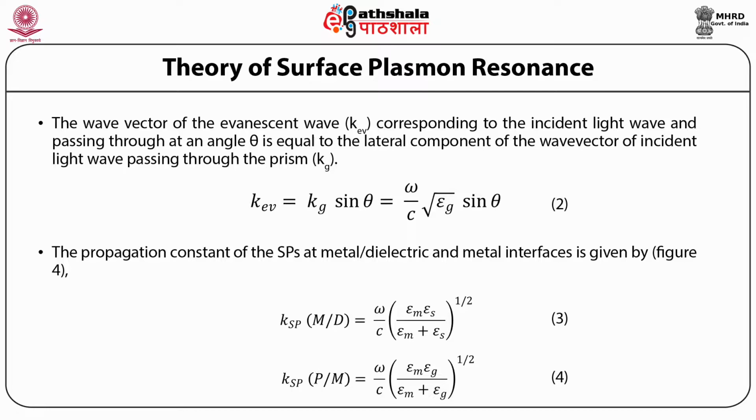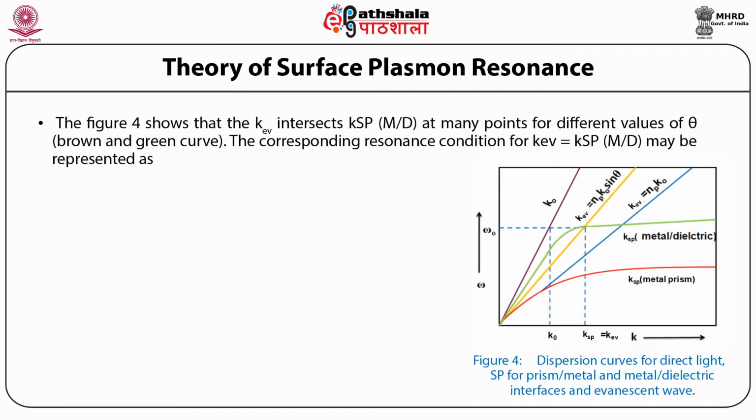Surface plasmon wave is excited only when Kev equals KSP at the same frequency. This figure shows that the Kev intersects with KSP metal-dielectric at many points for different values of theta, the brown and green curves. The corresponding resonance condition for Kev equal to KSP metal-dielectric may be represented as omega by c root of epsilon g sin theta resonance equal to omega by c root of epsilon s epsilon m by epsilon s plus epsilon m.